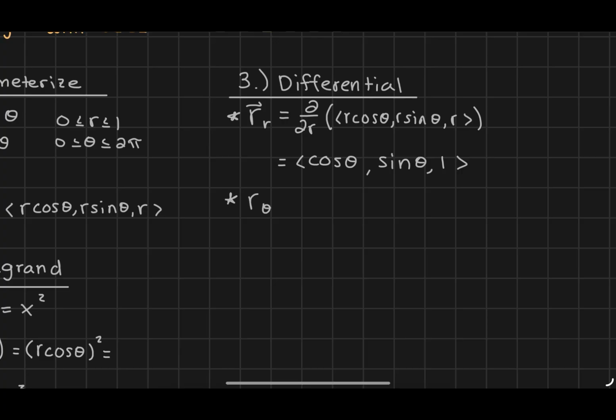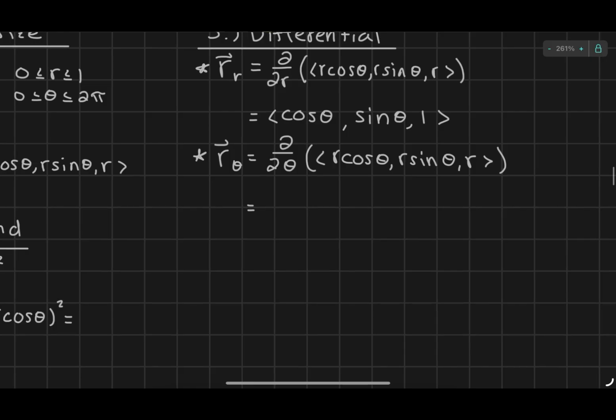Now our r sub theta is going to be the partial of our parameterized surface with respect to theta. r cosine theta, r sine theta, r. Taking the derivative of r cosine theta with respect to theta, the r is going to stay the same, but we're pretty much just doing the derivative of cosine theta, and recall that that is going to equal negative r sine theta.